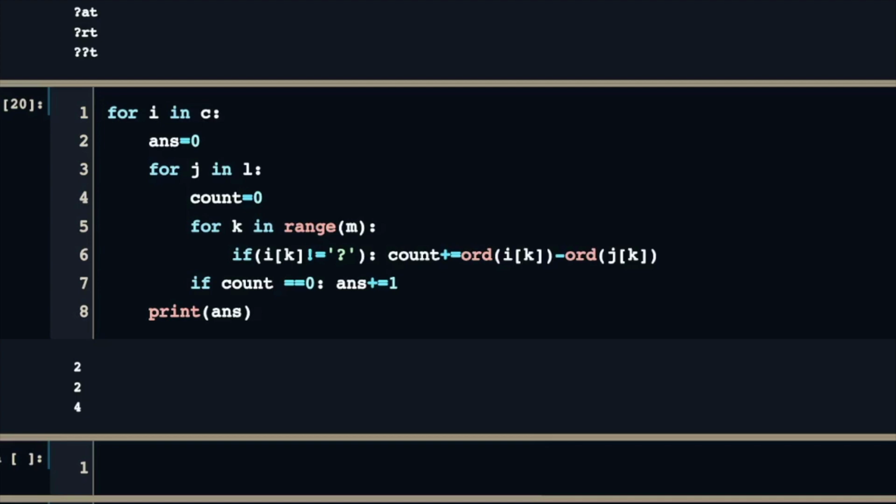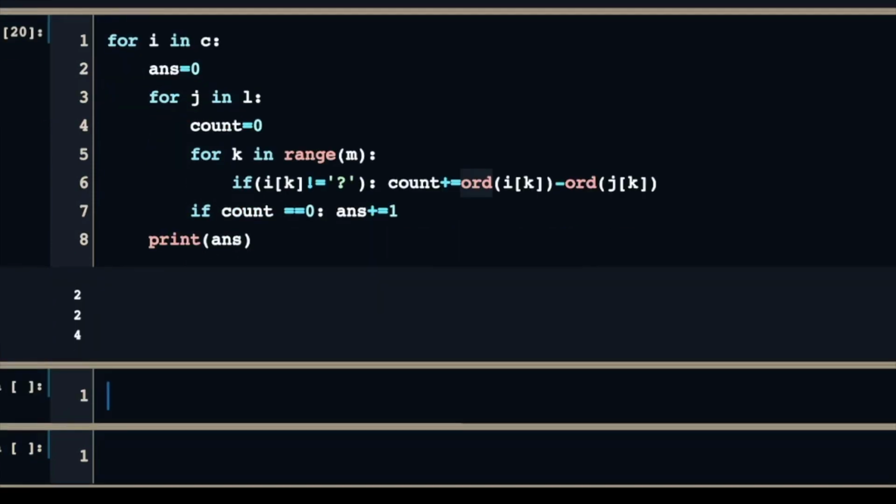Okay. So before we get into this, let's see what the ORD function does. The ORD function returns an integer representing the Unicode character. For example, ORD of 5 is 53.